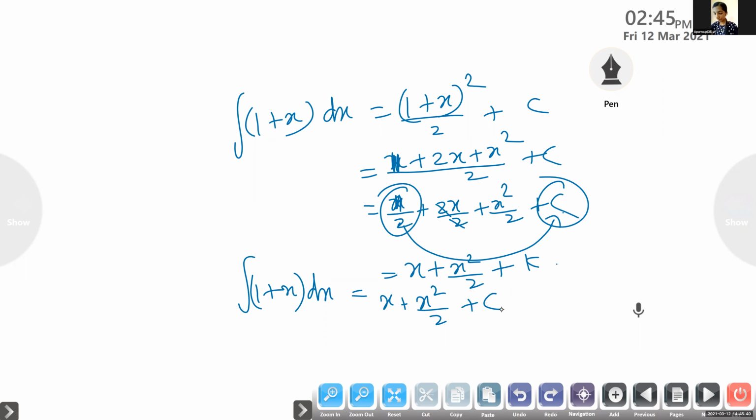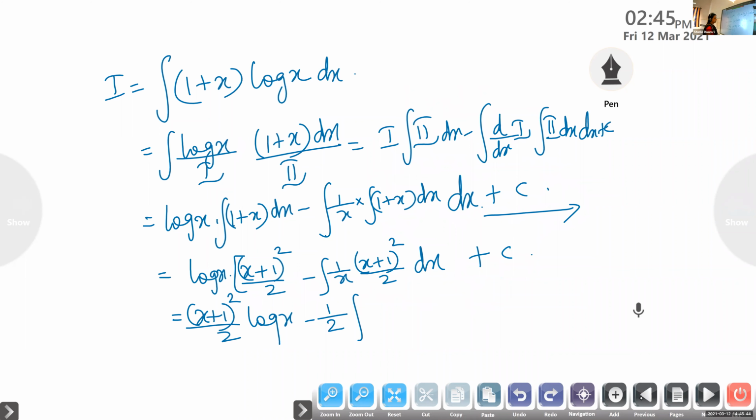So in the previous question, if you do it by that method also, you will get the answer. Only the constant term will vary. No problem. Now here, I'll keep 1 by x as such. What is the integral of x plus 1 the whole square? Before that, I expand it: x square plus 2x plus 1, dx plus c.